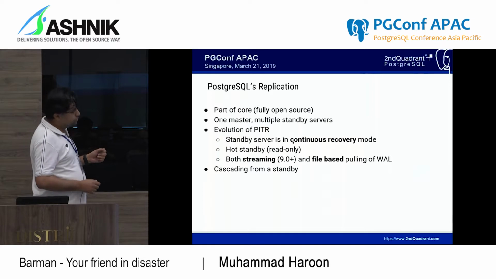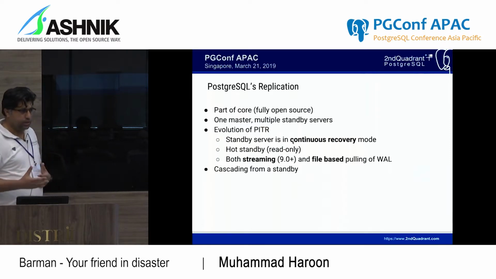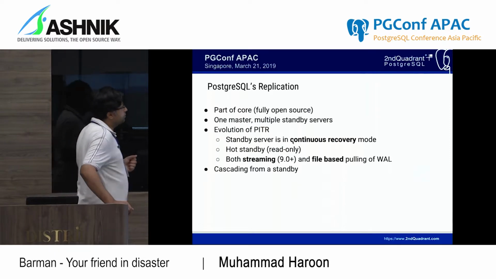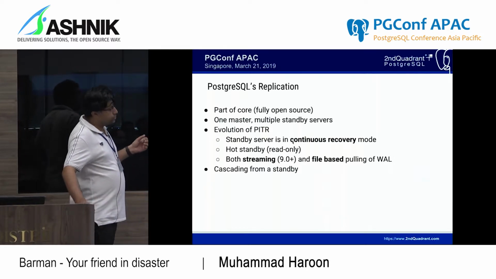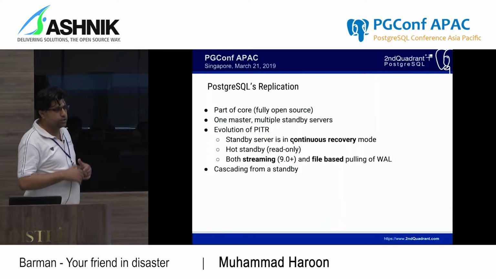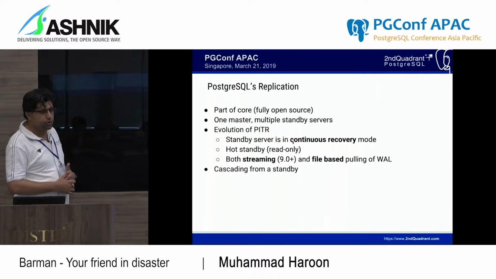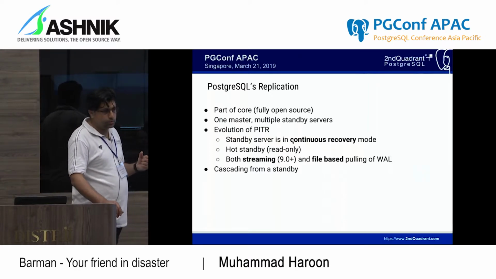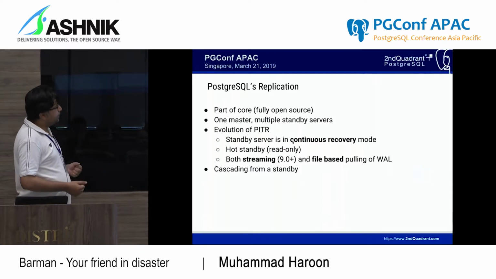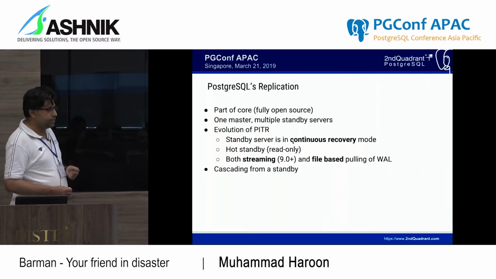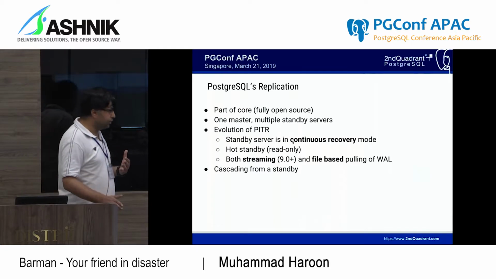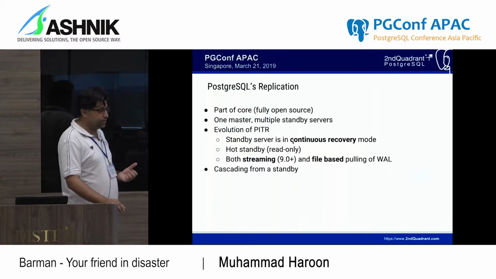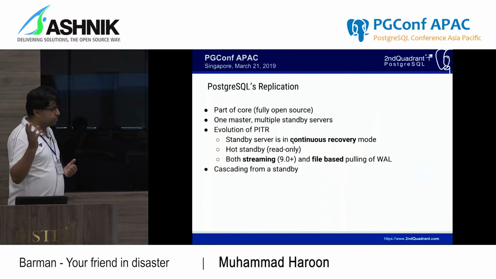So the evolution of PITR, which is the point-in-time recovery, as we had a look at in the previous slide, basically says that you have a continuously running recovery process on one of your standby nodes, which is running in standby mode. We call it hot standby. It serves the purpose of read-only queries. You can always connect to it and run your read-only jobs, reporting jobs.